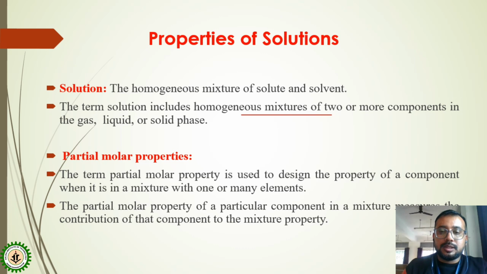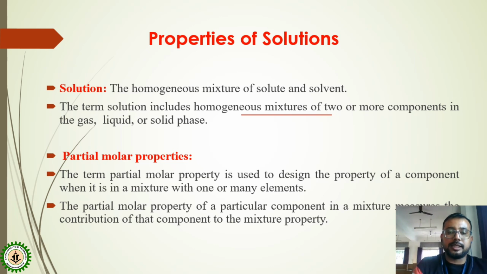Now, the partial molar properties are used to describe the property of a component when it is in a mixture with one or many components. Actually, what is happening when we prepare a particular homogeneous solution from pure components is that the pure component loses its own identity and contributes its identity partially into the solution.